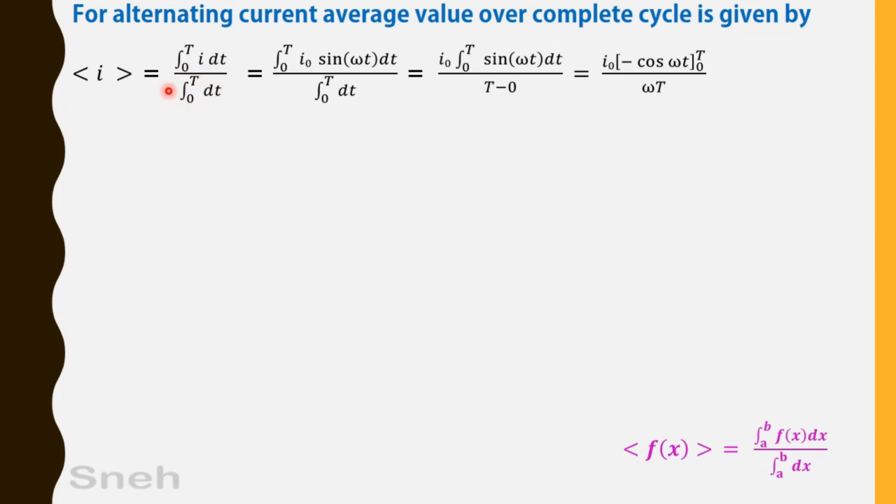So here, as we know that I is given by I0 sin omega t, I'll substitute the value of I as I0 sin omega t. And when we substitute this, we know that I0 is independent of t.